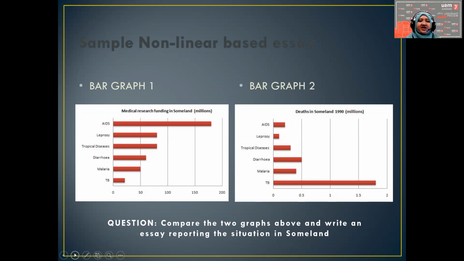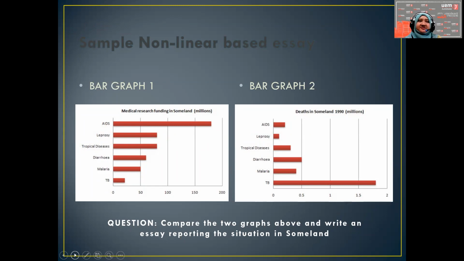So here we have the amount of funding for medical research for 6 types of diseases, and also the number of deaths in Some land in 1990, in millions as well. From this comparison bar graph, we can see that the amount spent on medical research for AIDS is, I would say, the highest.